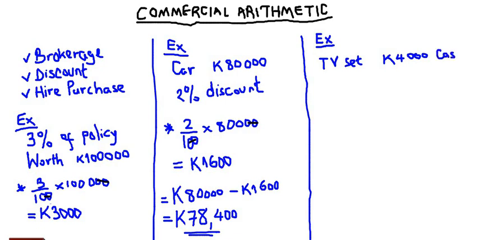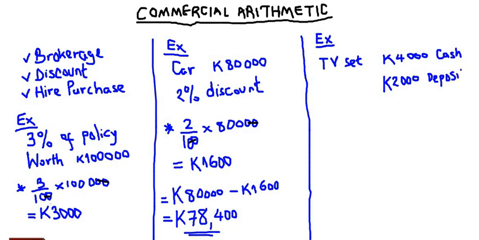If you have the 4,000 kwacha, you get the TV set. But there is an option of paying a 2,000 kwacha deposit, which means you now want to purchase this on hire purchase.